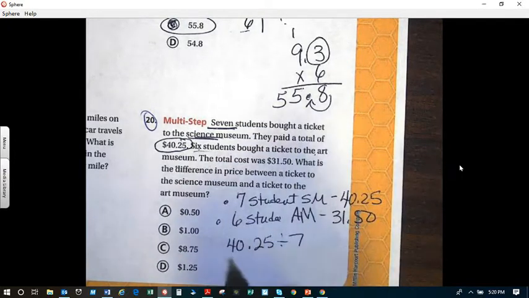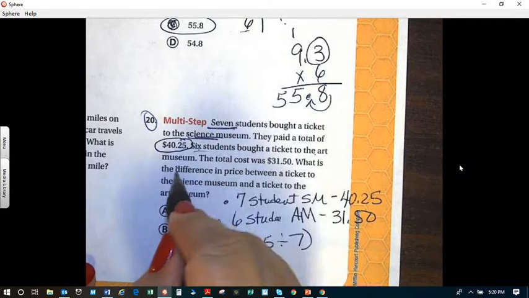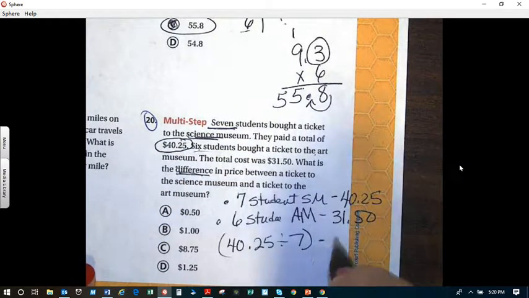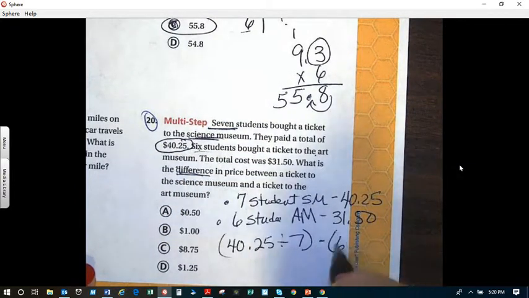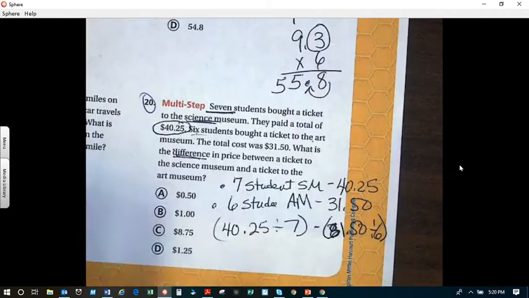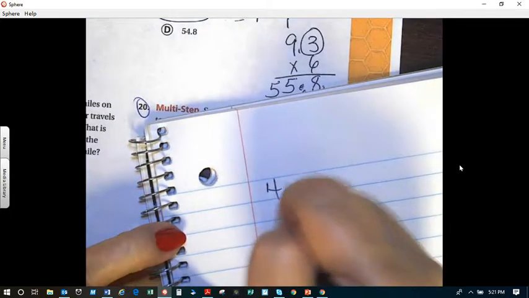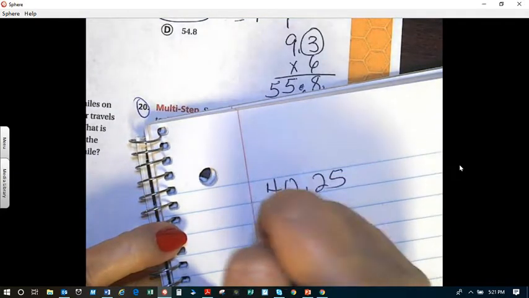And then, since I'm needing to find out the price difference, I'm going to subtract $31.50 divided by 6. All right, so I'm going to switch over to extra notebook paper. I said it was $40.25 divided by 7.